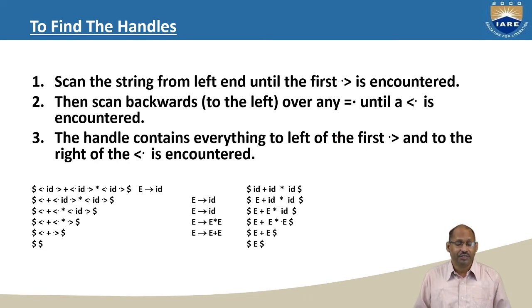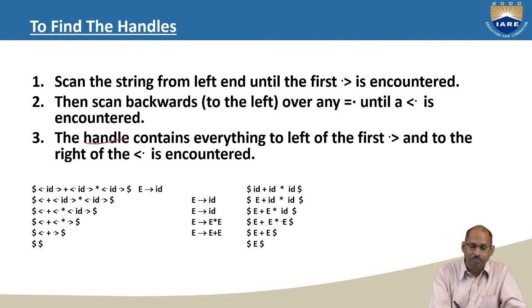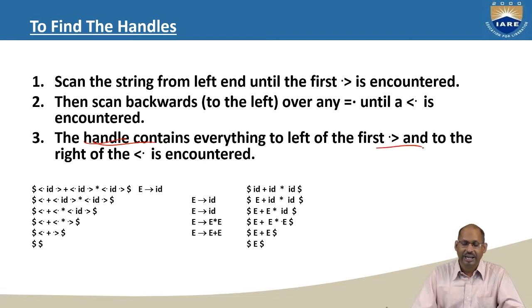Whatever symbols we found between the higher and lower precedence relations will be considered as the handle. So the handle means everything left of the first higher precedence and right of the less precedence operators.